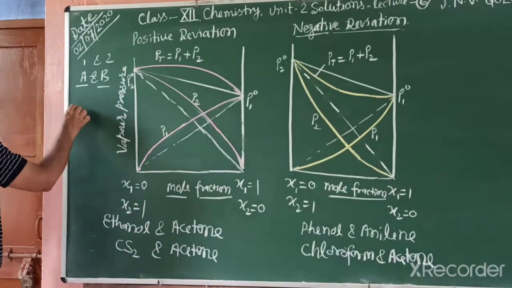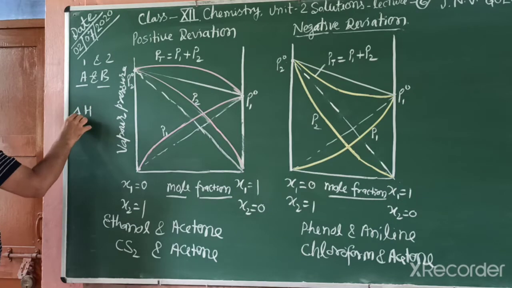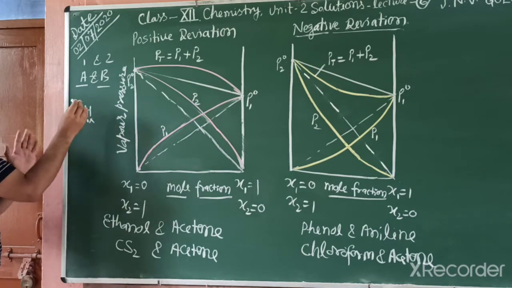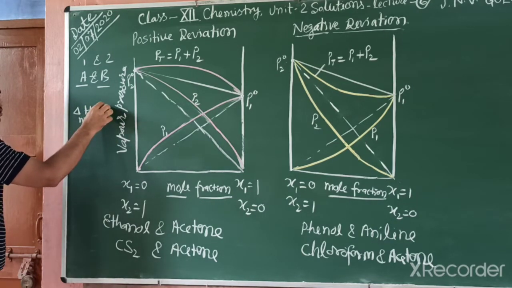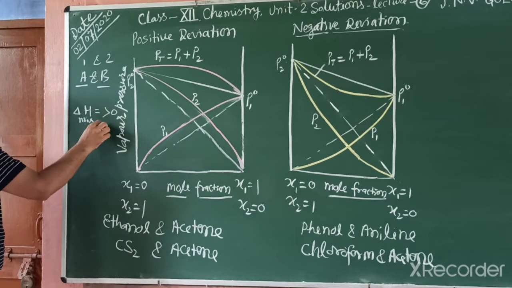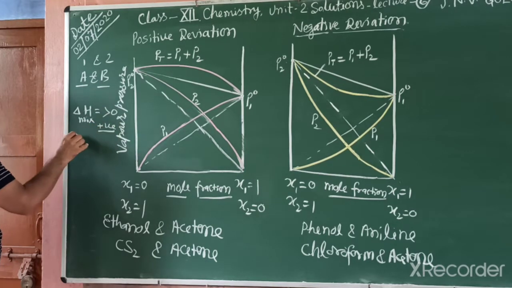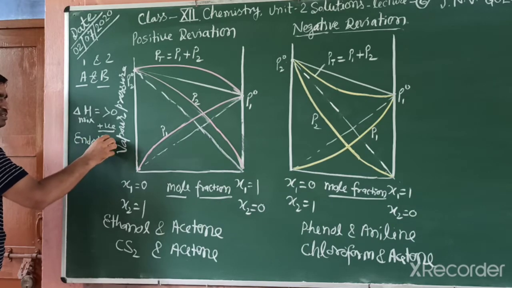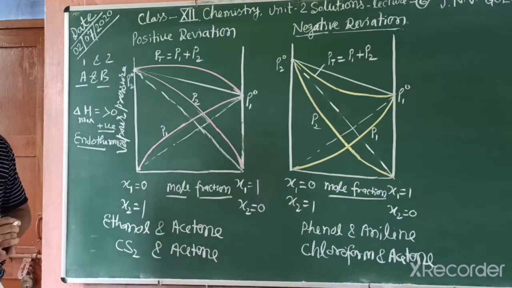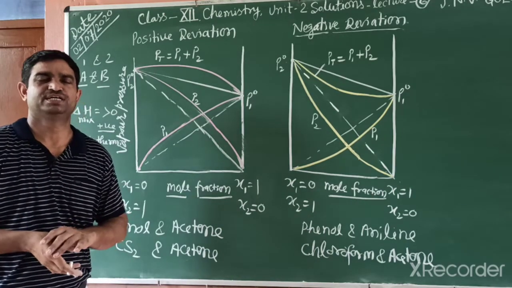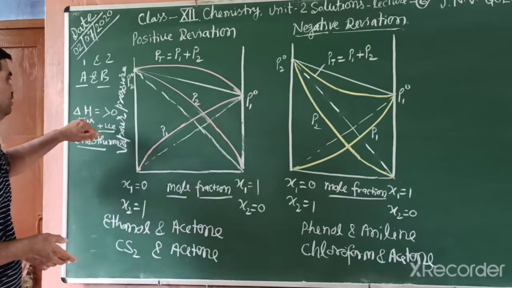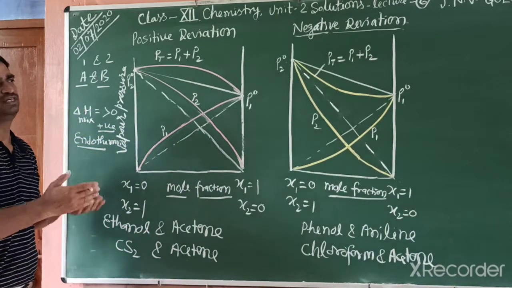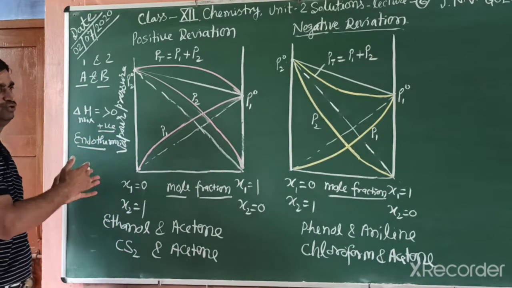First condition: if the enthalpy of mixing of two components is more than 0, a positive value, meaning endothermic, that deviation is known as positive deviation.